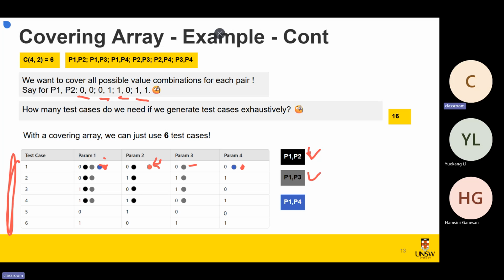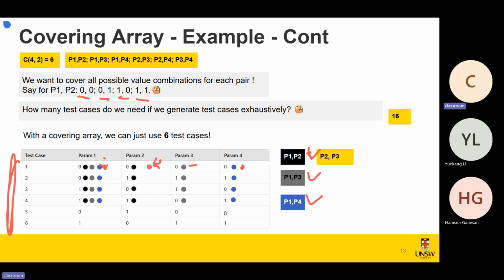Test case 2, right? For P1 and P4. And for 1, 0, which one do you think we can use? We can use test case 3. What about 1, 1? We can use test case 4, right? So we can cover all the possibilities of P1 and P4.